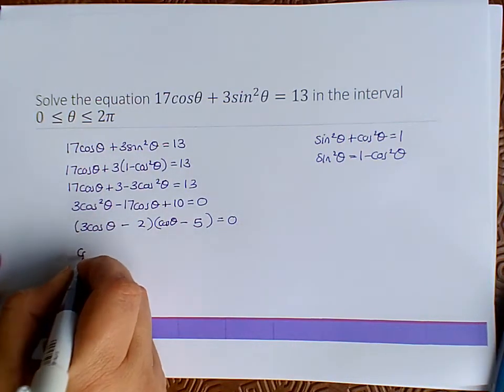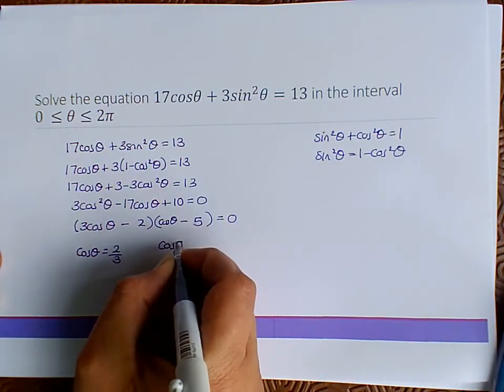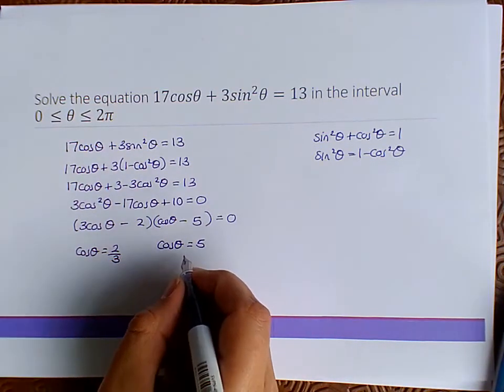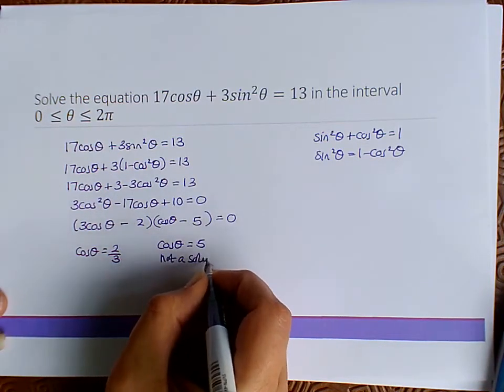So I'm going to end up with cos theta equals 2/3 and cos theta equals 5. Now, at this point, you should realise that this is not a solution, because that's not possible.